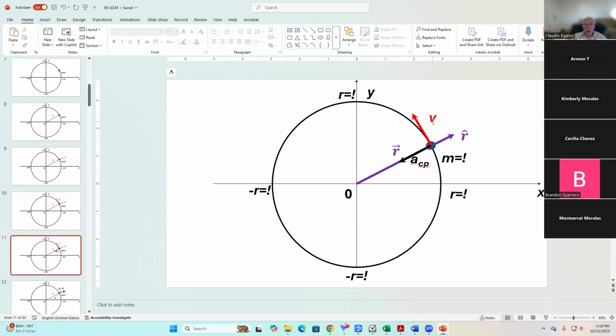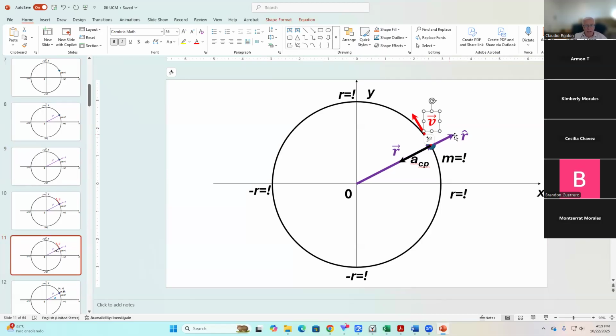But there is one more interesting situation here for the acceleration vector. Since the speed is constant, there will be no acceleration component along the tangential direction. That's why I drew the centripetal acceleration as being exactly towards the center.